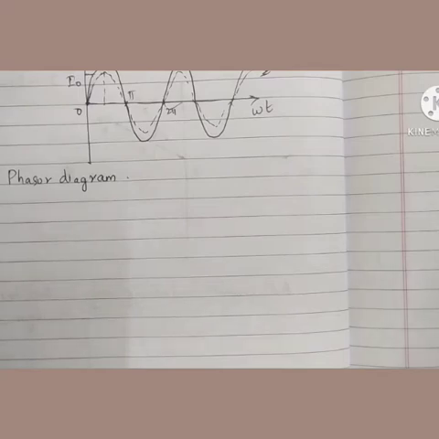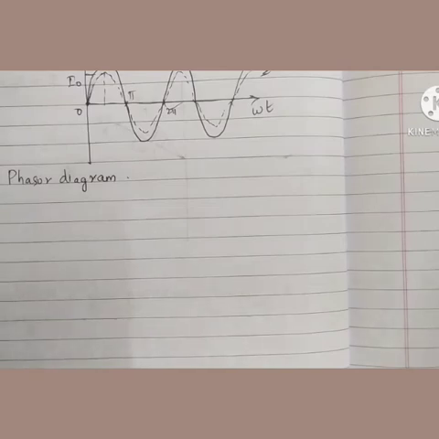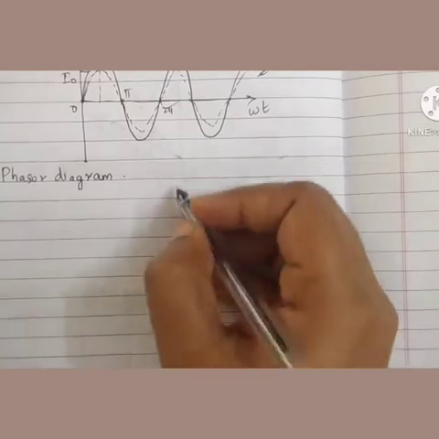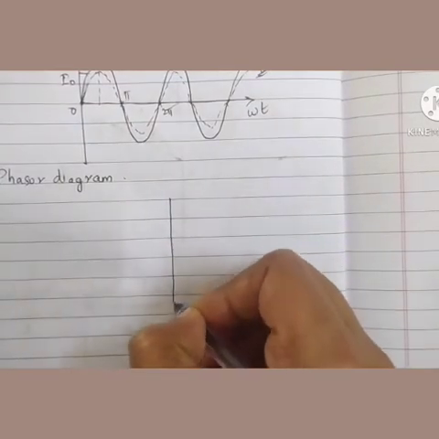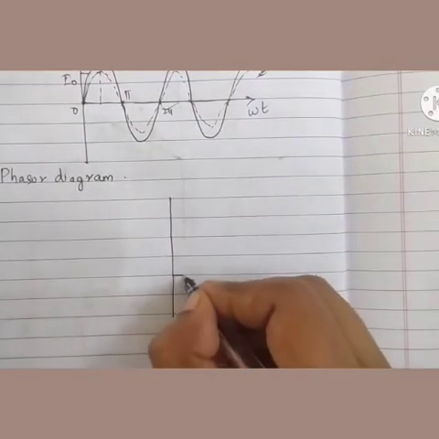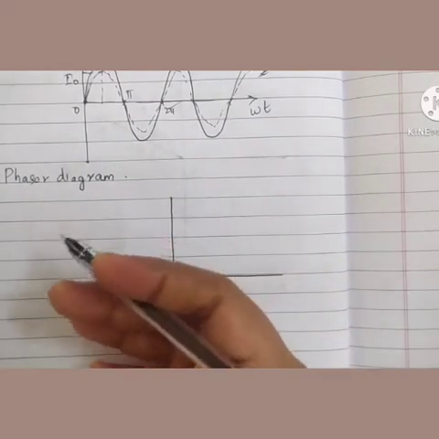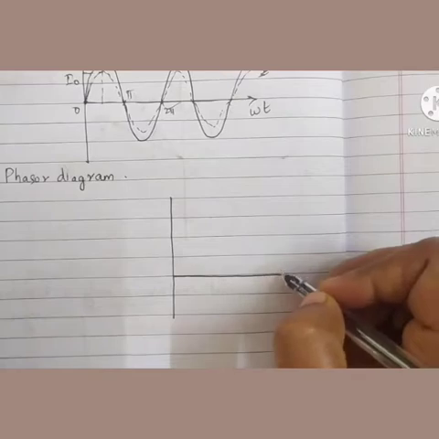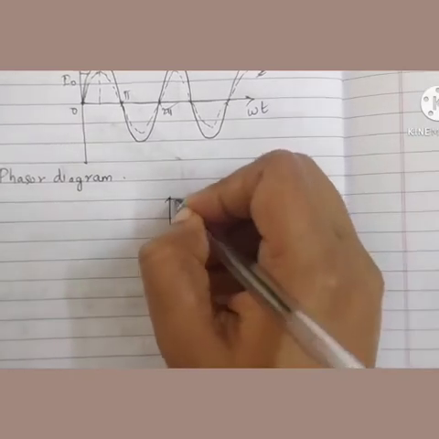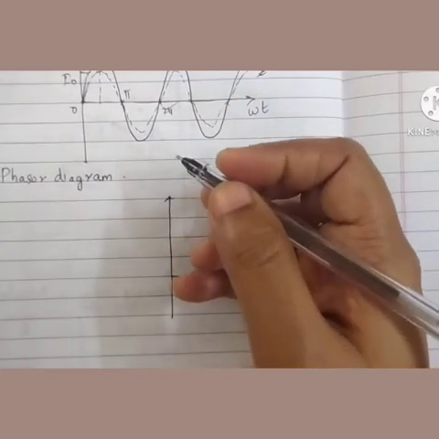Is there any phase difference between them? Everything is clear by looking into a phasor diagram. So for drawing a phasor diagram, first you need a y-axis, then x-axis. Now you have already seen that there is no phase difference between I and E.